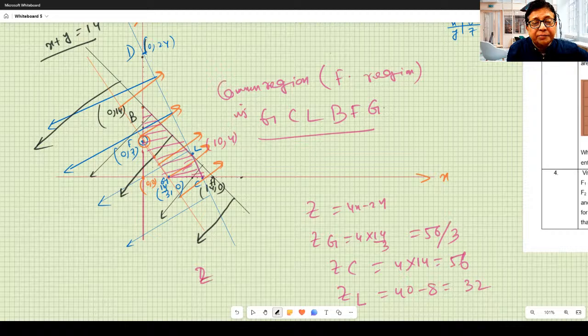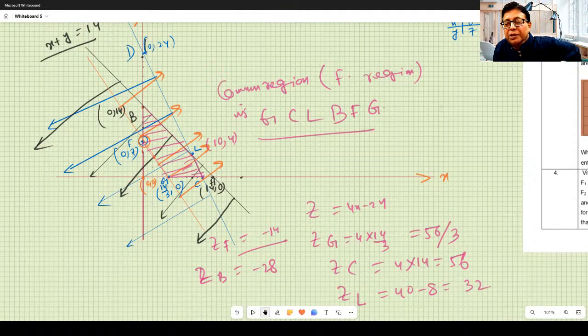Z at B. B means 0, 14, minus 28. No. Z at F, minus 14. No. No. It is maximum at the point C, 56.